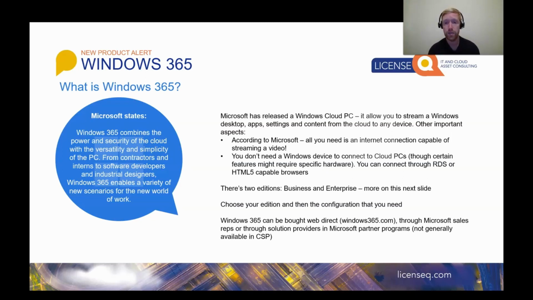There's basically two editions, Business and Enterprise, and the details on that I have on the next slide. How you should approach this is that you first choose the edition that you want and then the configuration that you need. The buying of Windows 365, currently you can do it through WebDirect, through Microsoft sales reps, or through solution providers and Microsoft partner programs.